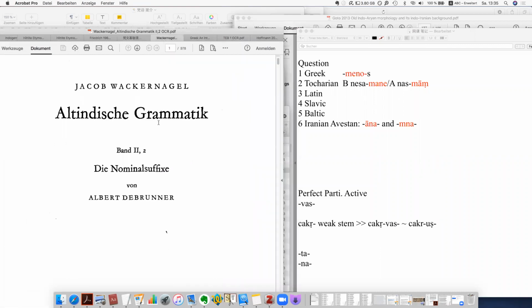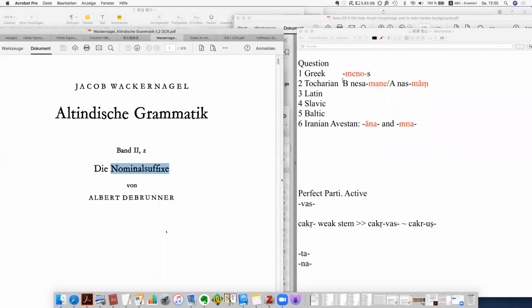So for the advanced Sanskrit grammar, of course, we need to check this book called Altindische Grammatik, and we need to check the second volume, second part. The second volume, or second Band, has two parts. The second part is especially for the nominal suffixes.